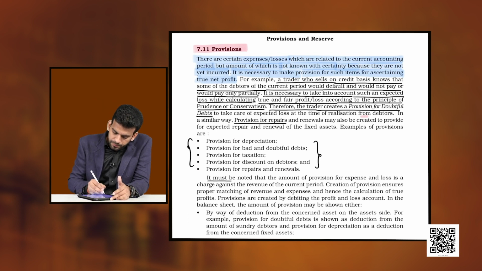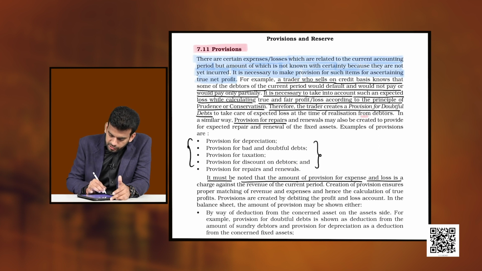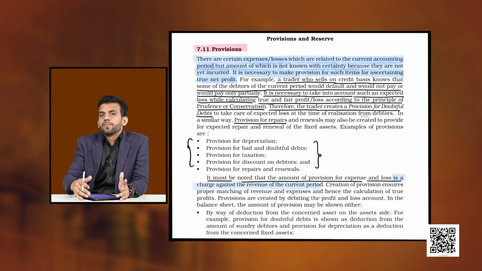It must be noted that the amount of provision for expense and loss is a charge against revenue of the current period. Here you need to focus. The amount of provision is a charge against revenue of the current period. Charge means a compulsory expense. The way you have to pay rent, because it's a charge, it's an expense.